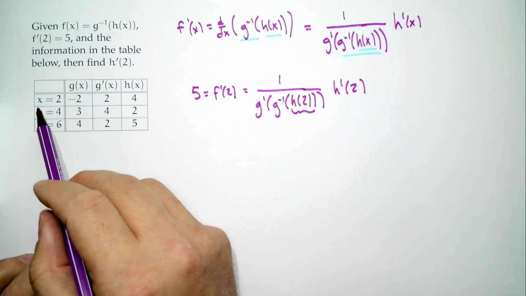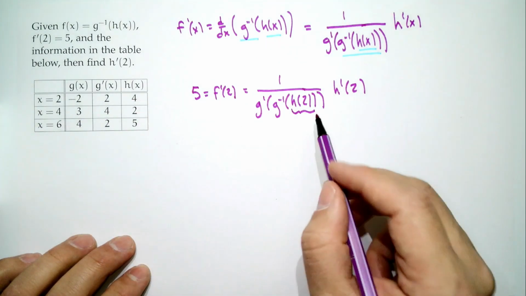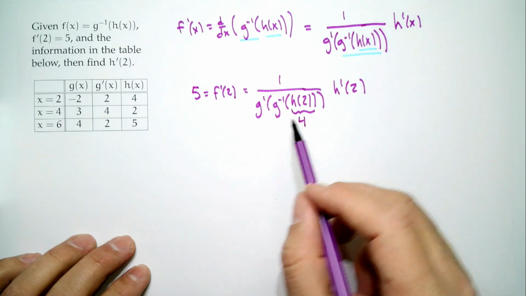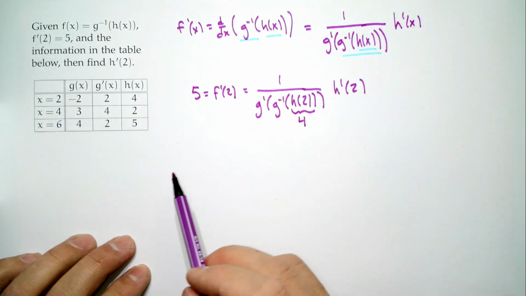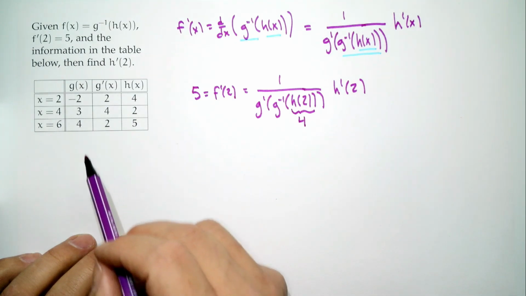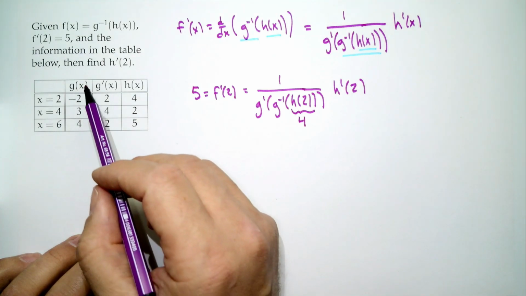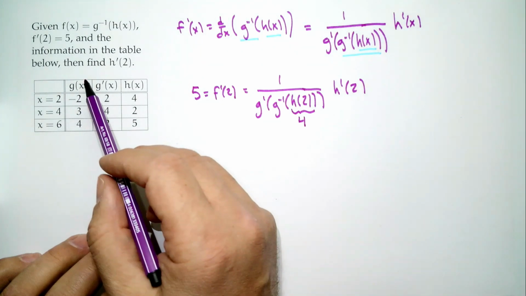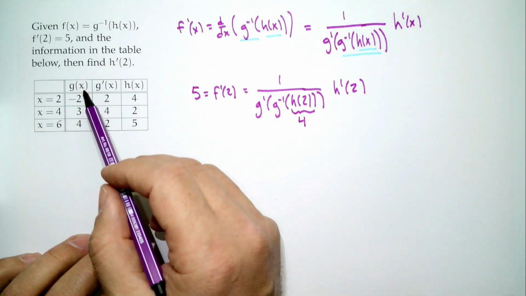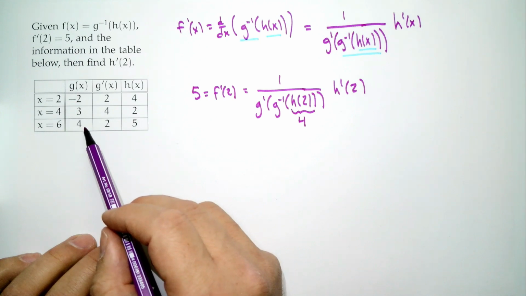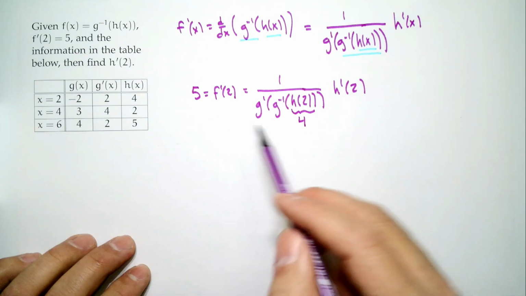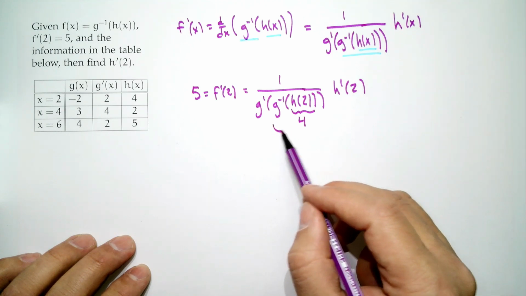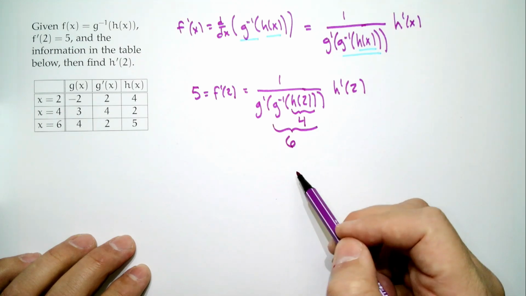Yeah, we can find it. For x equals 2, h of x is 4. So that says we need g inverse of 4. Well, do we know what g inverse of 4 is? We don't know g inverse, but we do know g. So we scan g of x until we see a 4. There's a 4. So what value of x gave us that? 6. So g inverse of 4 is 6.